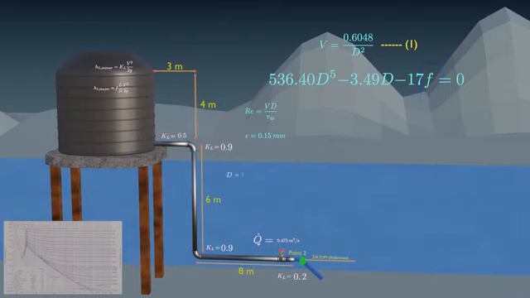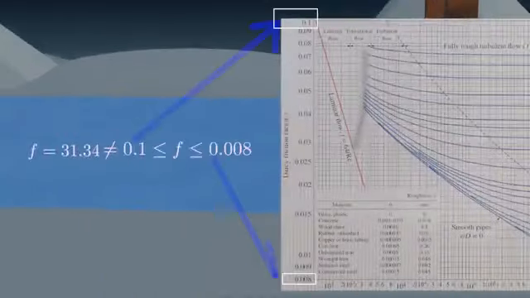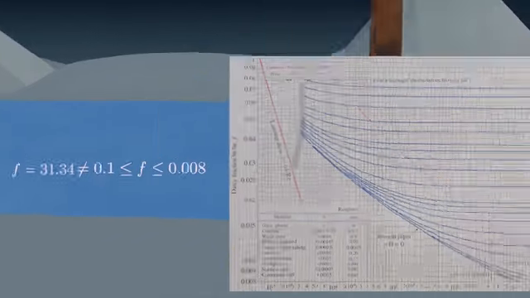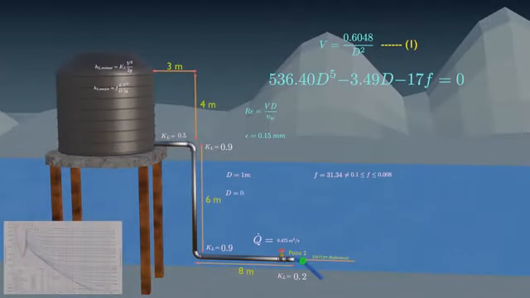For example, if we assume diameter as 1 meter, we get f as 31.34, which is very huge, and does not lie in the range. The same goes for d equals 0.4 meter, so we need even less diameter. If we assume d equals 0.35 meter, then we get f in the range.